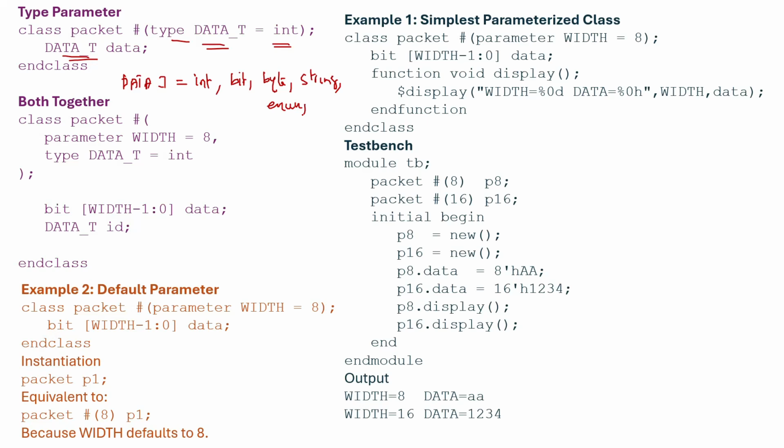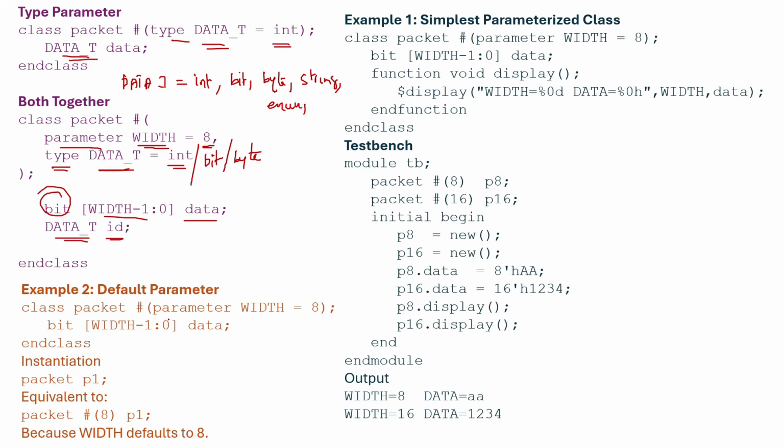So how can I use both, like parameter width? Width is 8 that I am utilizing, and type data_t. The type can be integer, or you can use bit, or byte, anything you want to utilize. After that, see, he is utilizing the bit data type, so type is the ID, and based on that he is mentioning it.